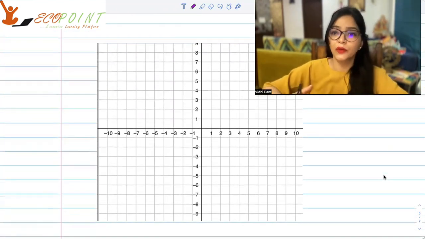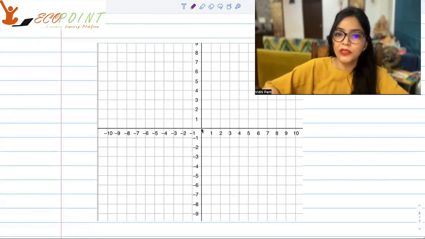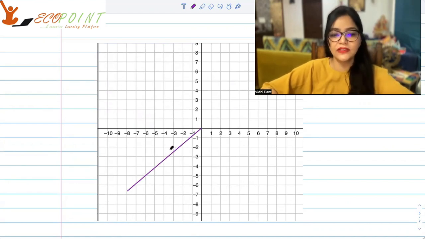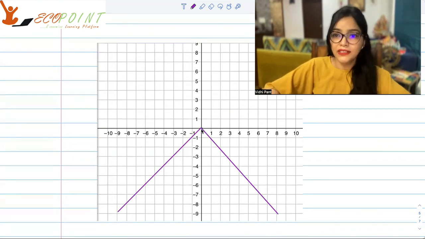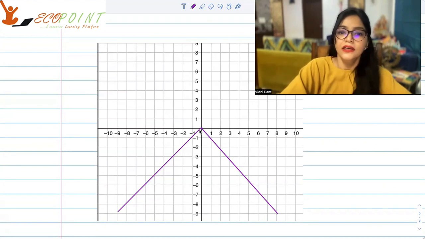That's because your function is nothing but a reflection across the x-axis. So it's going to be exactly the same graph, a 45-degree line here and a 45-degree line here, but it's an inverted V instead of the V graph, okay?